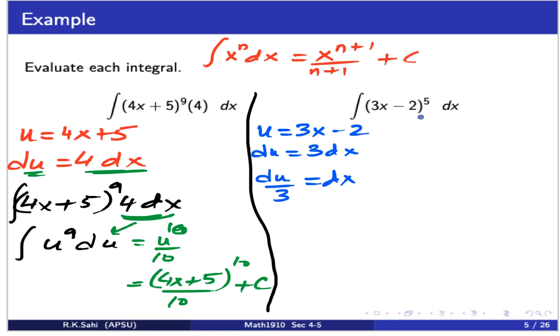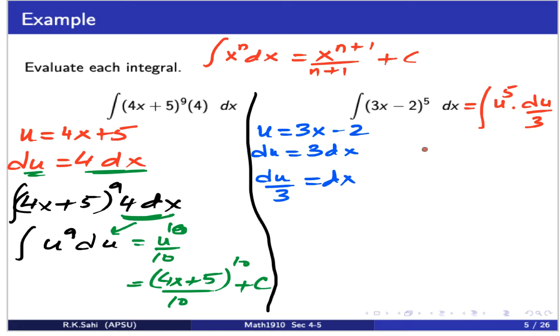Now everything inside the original integral can be changed in terms of the u's here. So this example is now going to be 3x minus 2 is u, to the power 5, and dx is now du over 3.